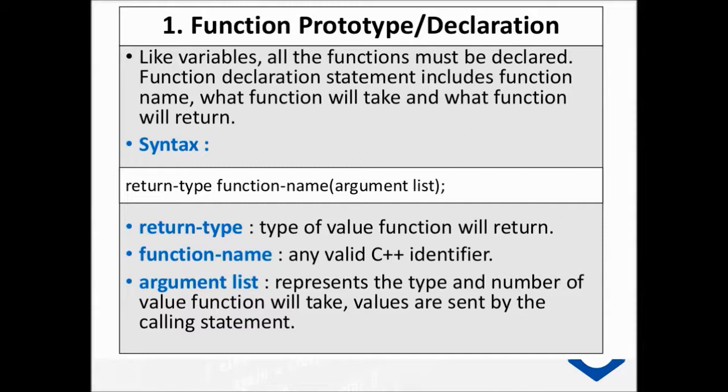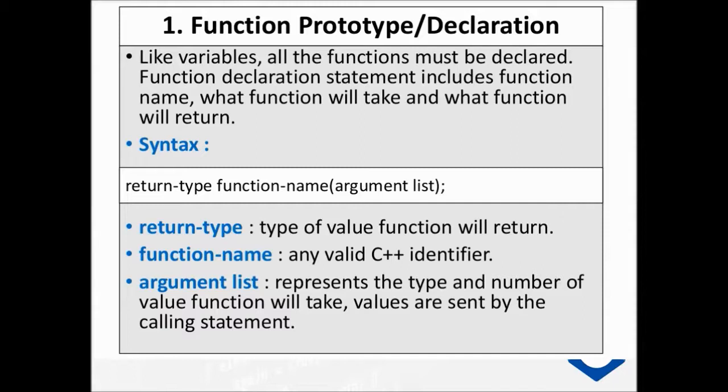The second part is the function name. You should give each function a descriptive name. In general, the same rules that apply to variable names also apply to function names. Number three is the parameter list or argument list. The program can send data into a function.